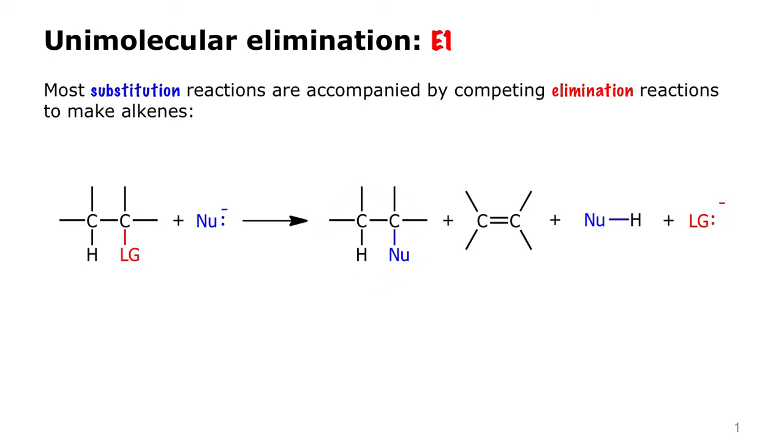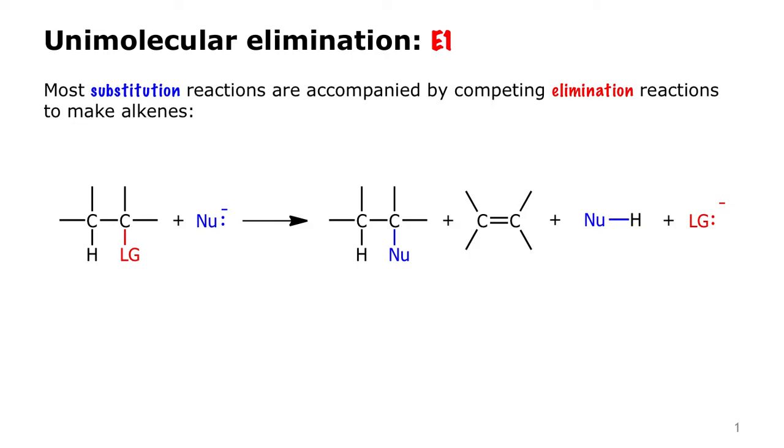But the same features of the nucleophile and the substrate can also lead to a competing pathway where we form a carbon-carbon bond. And these are called elimination reactions because we effectively eliminate a hydrogen and a leaving group. The nucleophile, which is a Lewis base, can, under certain conditions, act as a Bronsted base and remove a proton from this species.